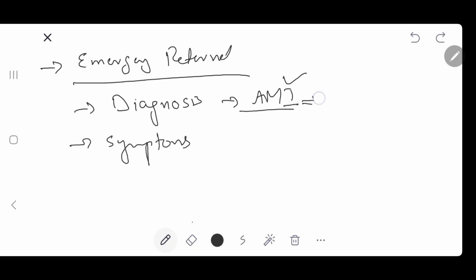So we have to focus on the symptoms related to AMI, most probably the recent history. Similarly, if we have acute chest pain and some other symptoms such as sweating, shortness of breath, and so on, and we don't have the diagnosis given, still we have to focus on the current symptoms. So this is an emergency referral.